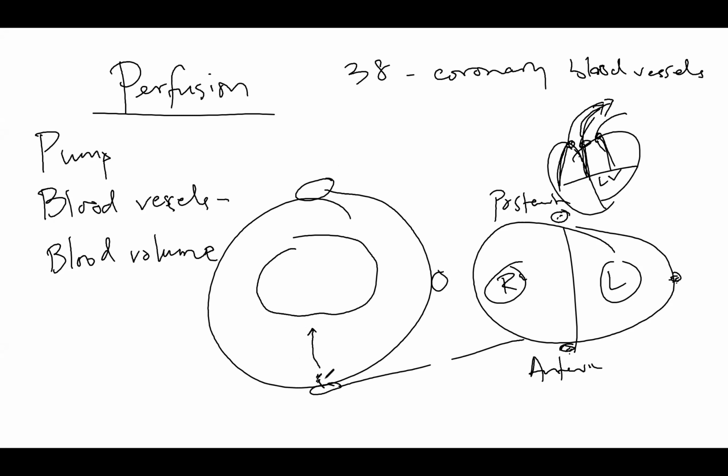So if a coronary artery is blocked, this is your atherosclerotic plaque, leaving you with just this much open, supplying blood to the myocardium.